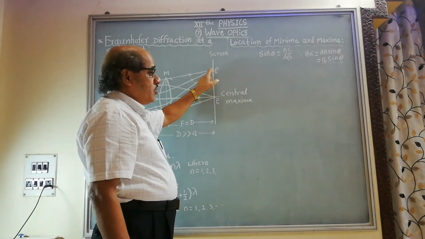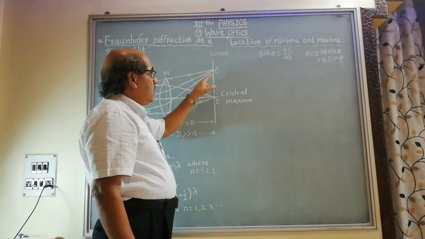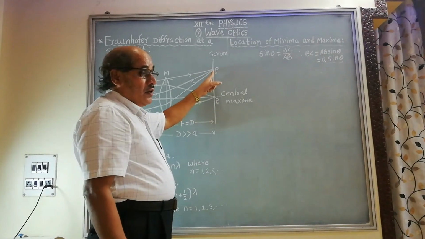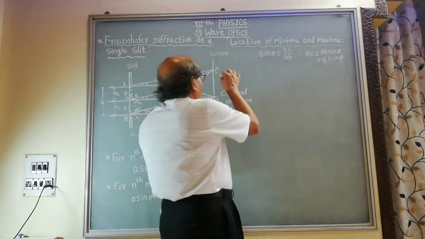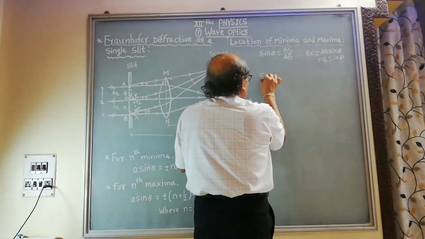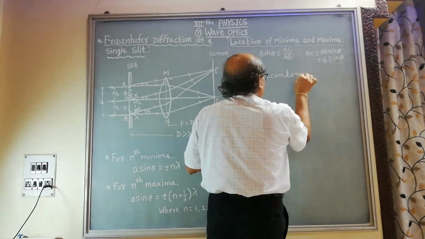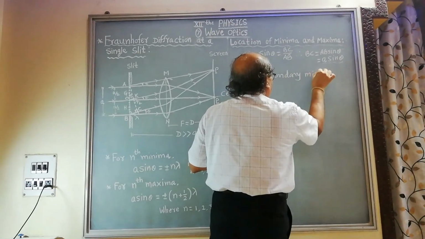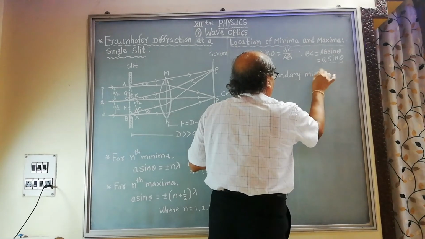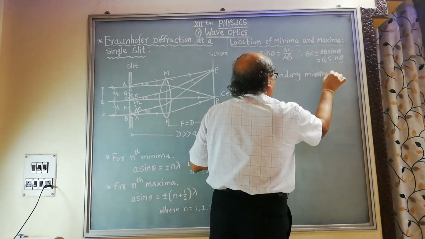we call this point the secondary minimum. So point P is the secondary minimum or minima.